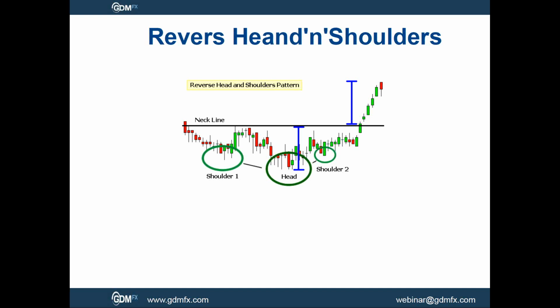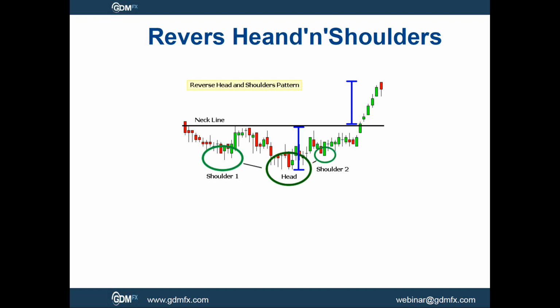Now, volume indicates activity and money movement. When volumes are high, there is a lot of activity and money is changing hands, making it an important indicator to follow. For the head and shoulders pattern, ladies and gentlemen, volume is used mainly at the point of breakout to help confirm the pattern.